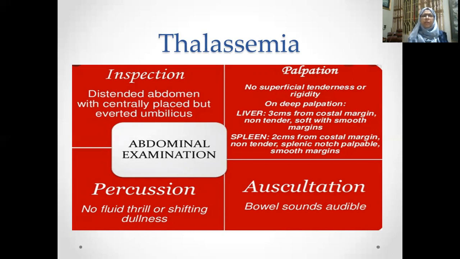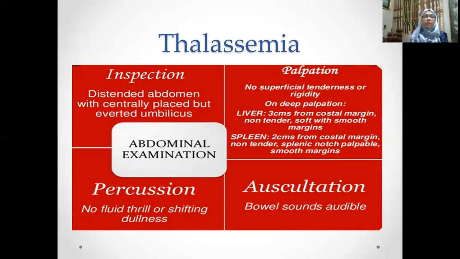And when you palpate the spleen, you have to start again from the right iliac fossa, and go diagonally towards the left hypochondrial region. You have to try to palpate the spleen during the depth of inspiration.